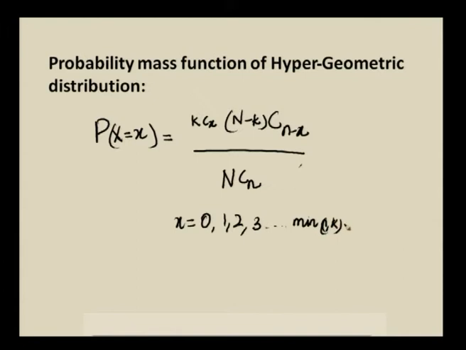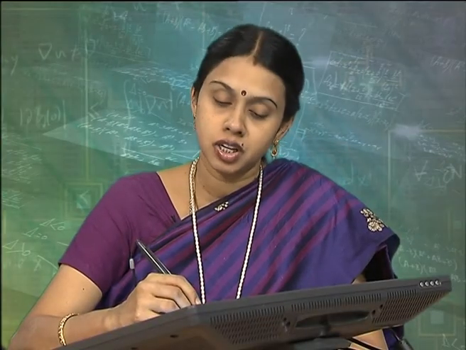If n is greater than k, then x values will be 0, 1, 2, 3 etc. up to only k. If n is smaller than k, then x is equal to 0, 1, 2, 3 etc. up to n. This is the probability mass function of hypergeometric distribution. Next we shall prove the mean and variance of hypergeometric distribution.